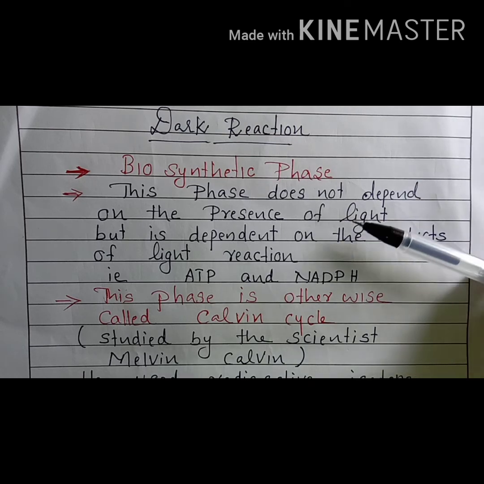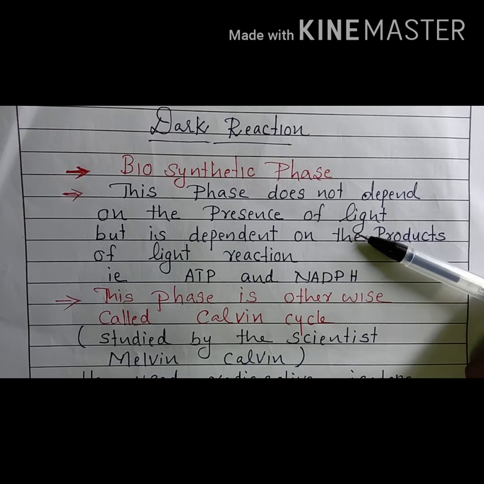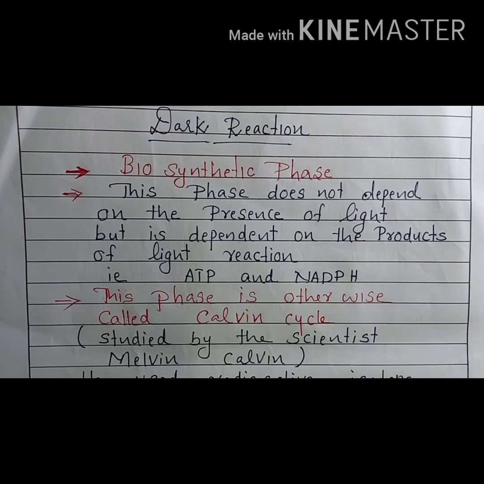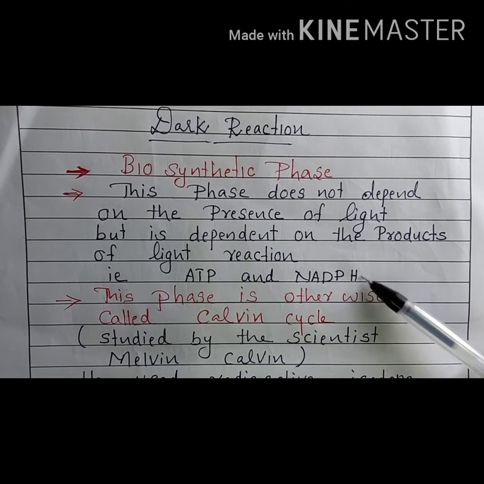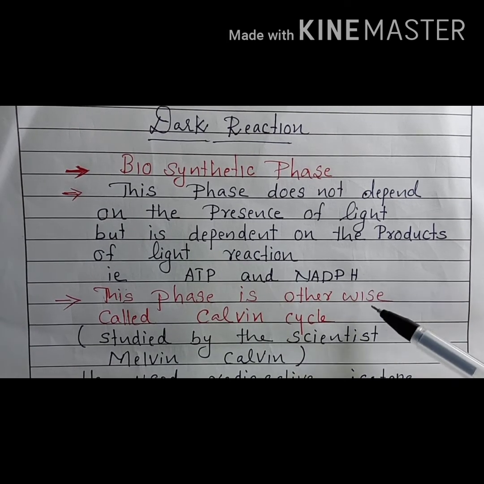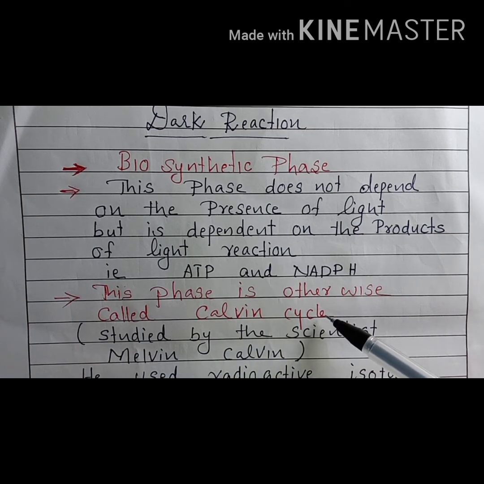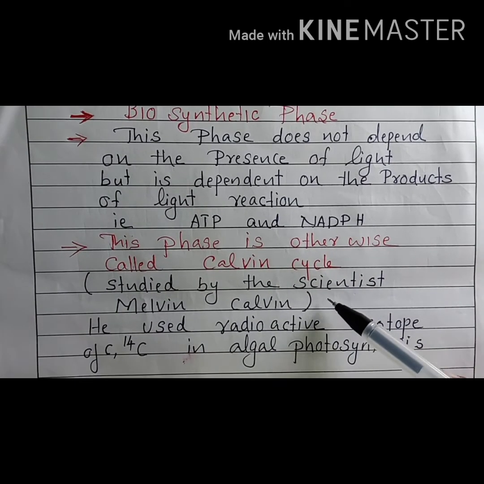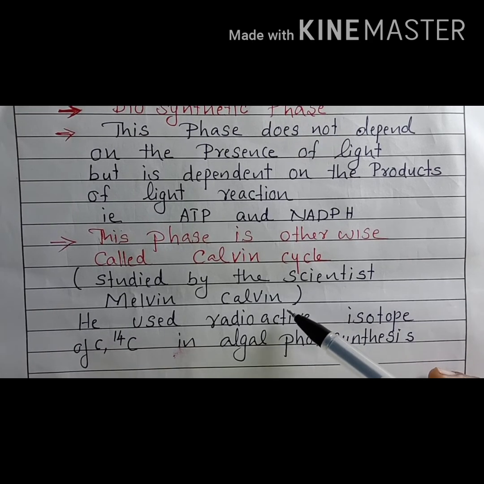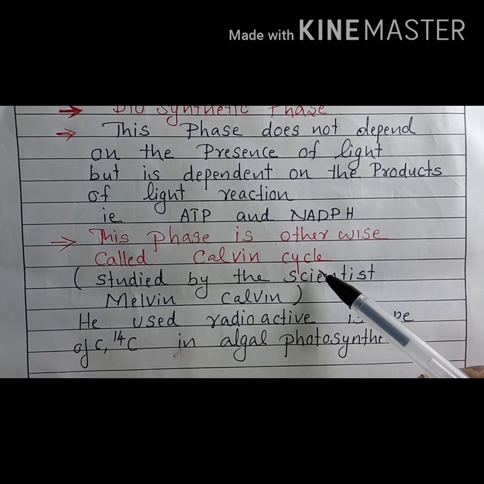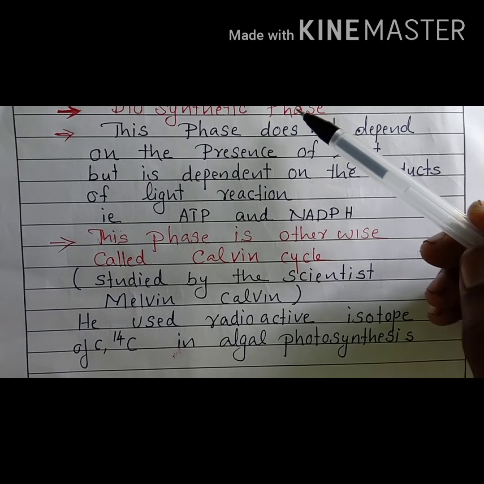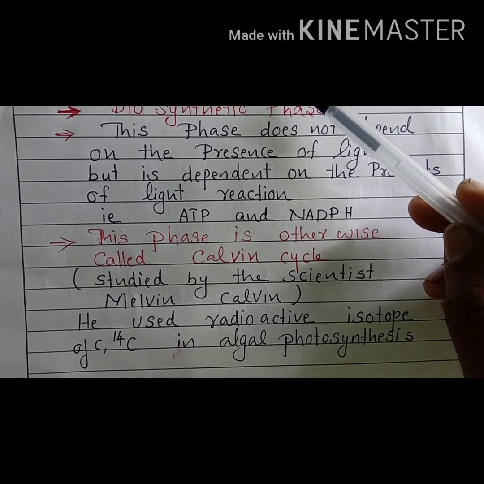This phase does not depend upon the presence of light, but it requires the products of the light reaction, that is ATP and NADPH. This phase is otherwise called the Calvin cycle. Why? Because it was studied by the scientist Melvin Calvin. So the cycle is called the Calvin cycle, the biosynthetic phase, or the dark reaction.